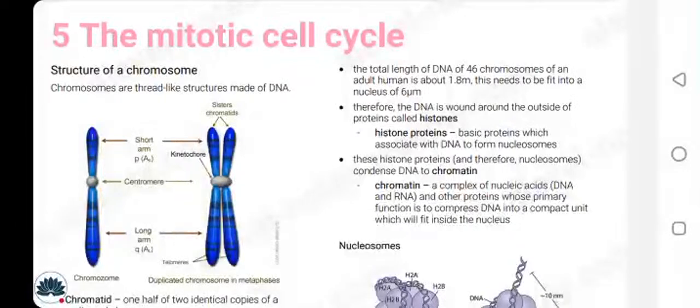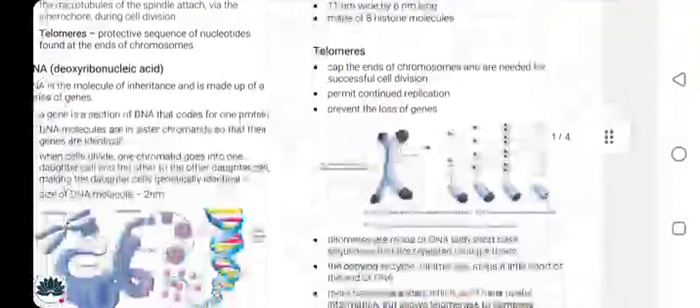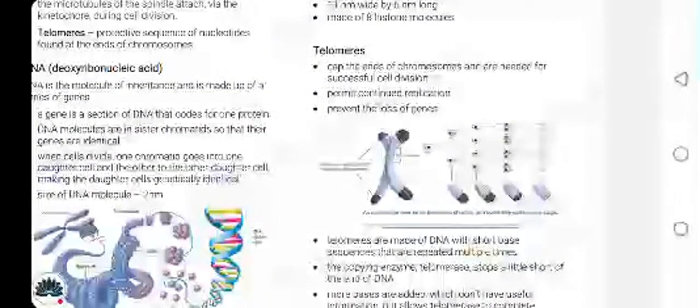Chromatin is a complex of nucleic acid, DNA, and RNA, which means ribonucleic acid, and other proteins whose primary function is to compress DNA into a compact unit which will fit inside the nucleus. Nucleosomes are not part of your syllabus. The telomeres are part of your syllabus.